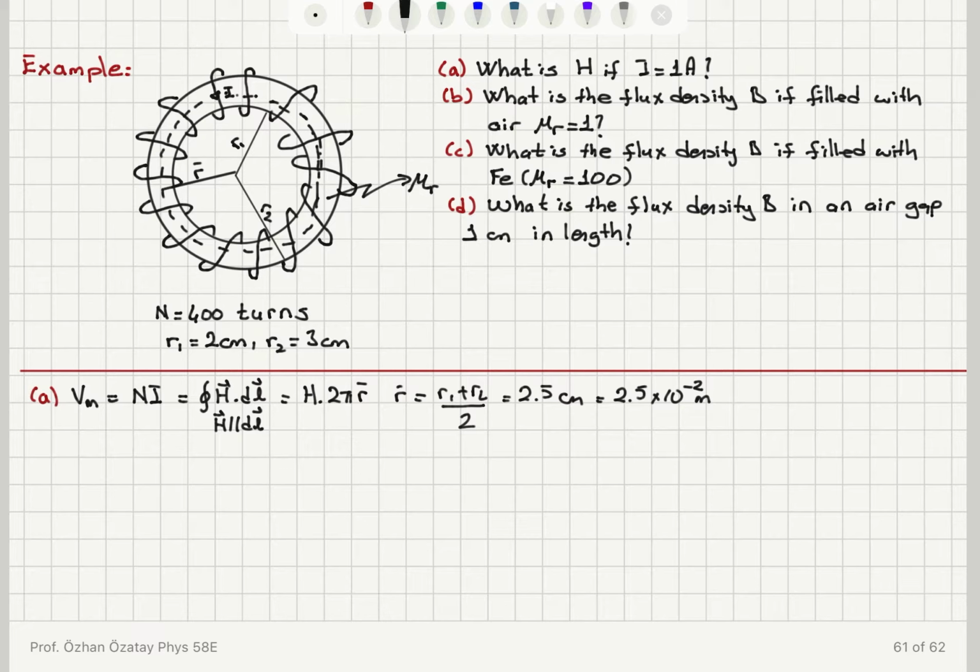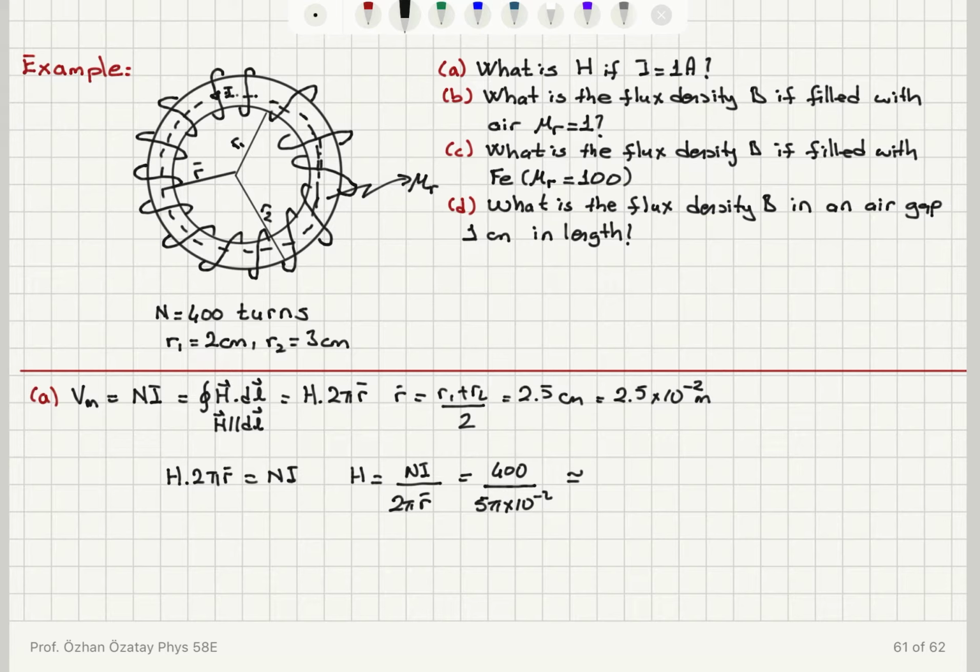Then H times 2 pi r bar is equal to Ni, so H must be equal to Ni divided by 2 pi r bar. For a current of 1 ampere, N times I is 400 amperes, divided by 2 pi r bar, which is 5 pi times 10 to the minus 2 meters.